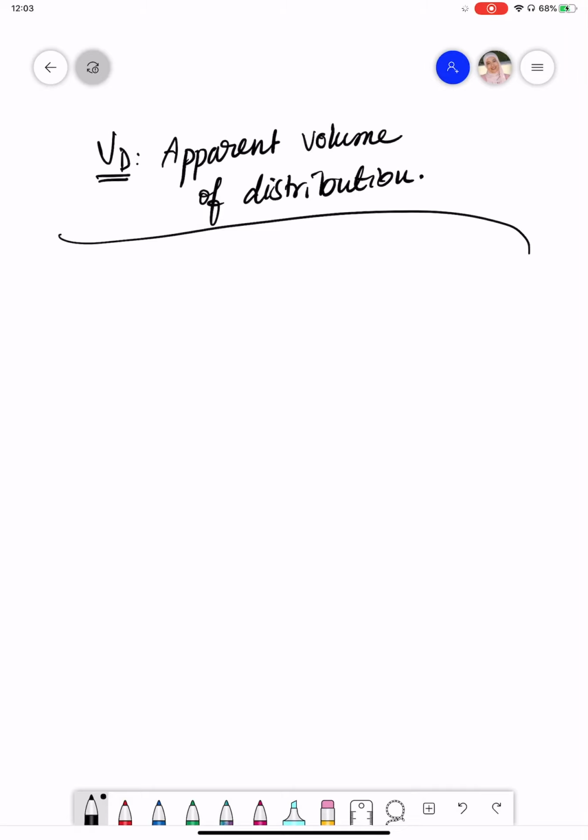Okay, and we are still talking about the one compartmental model with IV bolus as the route of administration.